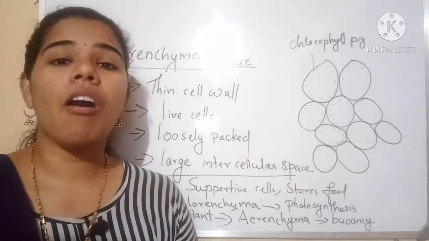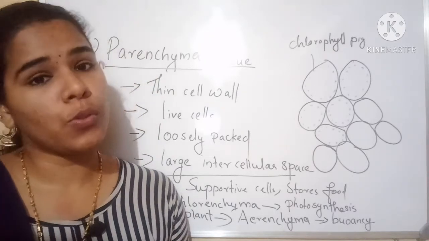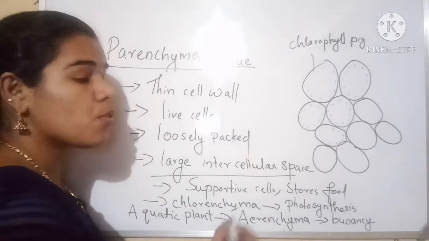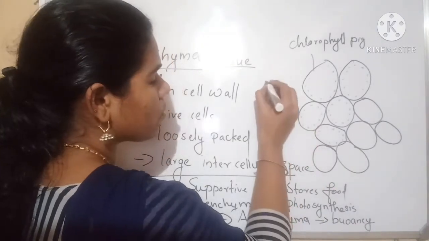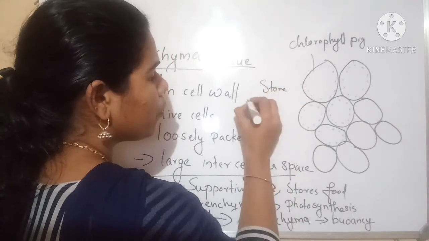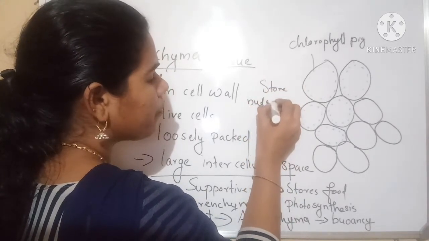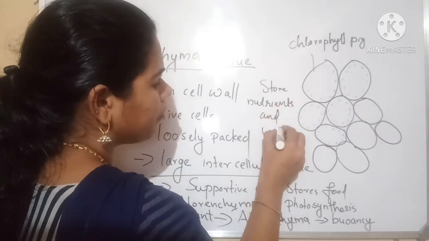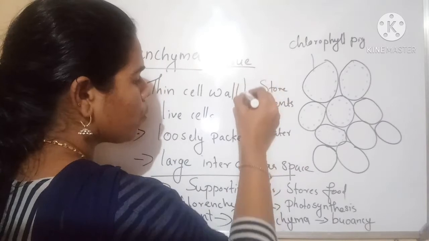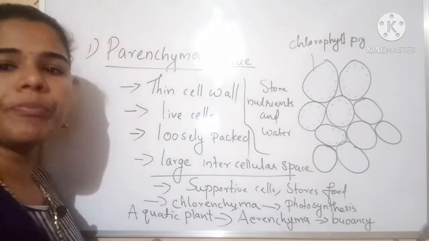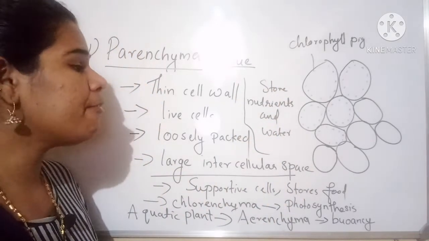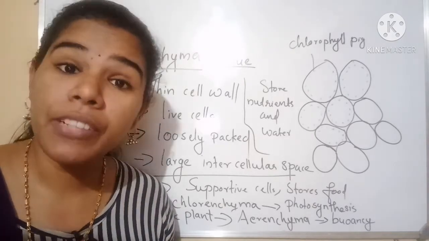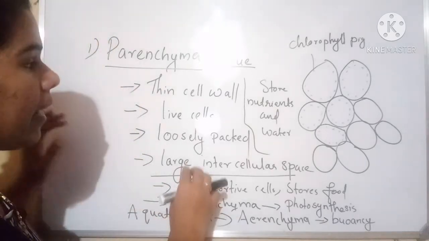The parenchyma of stems and roots also stores nutrients and water. So these are the main functions of this parenchymatous tissue. So what are the features of this parenchyma?